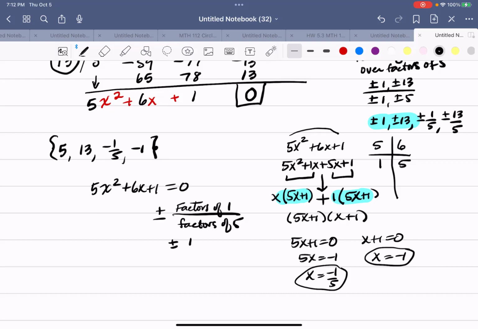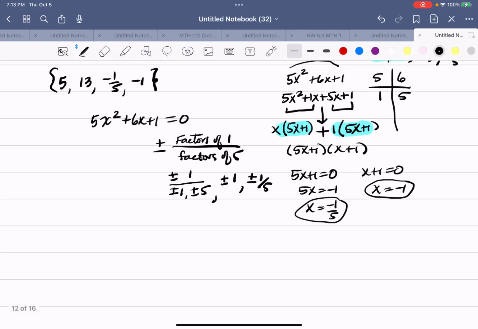Well, that's just plus or minus 1 over plus or minus 1, plus or minus 5. So that gives me plus or minus 1 over 1, which is 1, and plus or minus 1/5. So I have the option to synthetic divide by any of these. And of course, I'm going to pick these integers first.